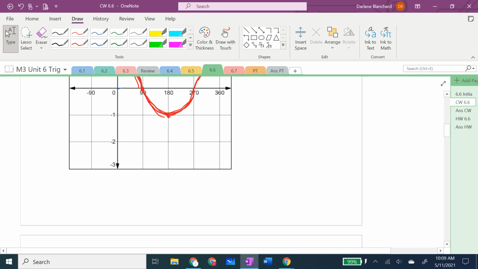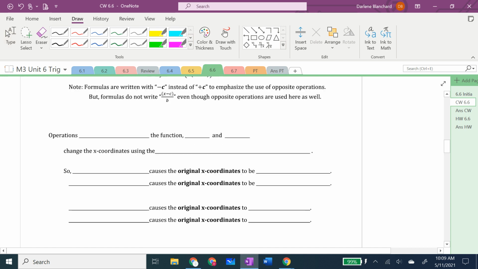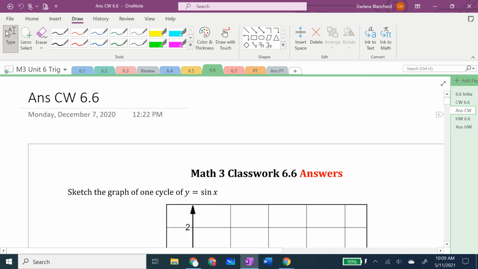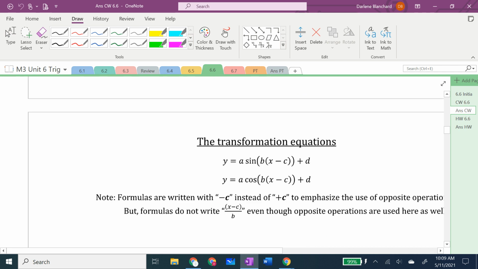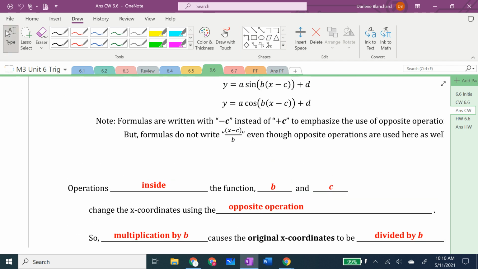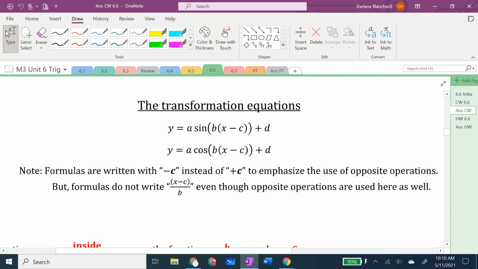So we've got our basic sine and cosine graph. And everything along here is stuff I've actually already talked to you about. And I'm going to point out the answers to the classwork. And I just want to make sure that you are aware of certain things, okay?